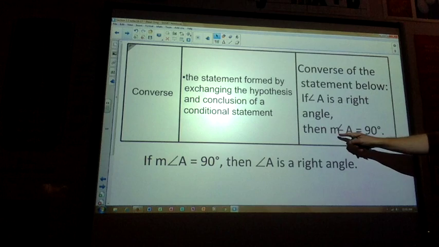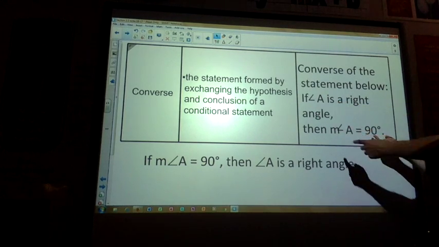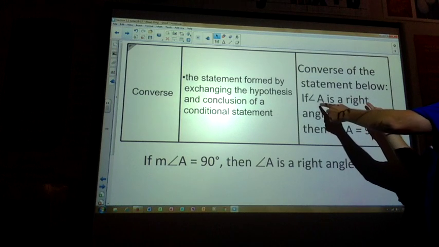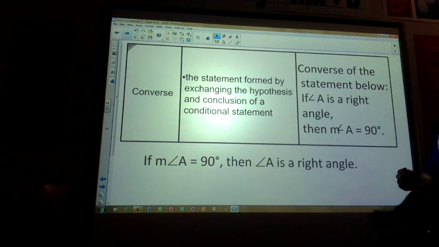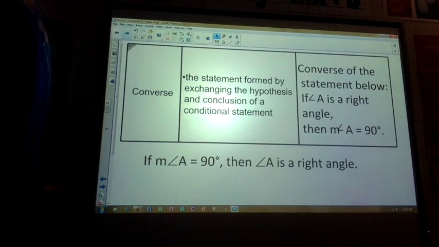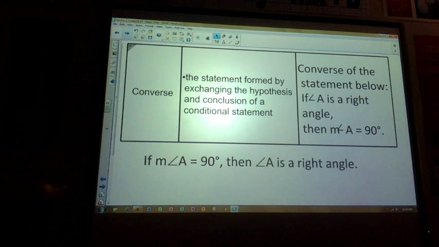They took this if statement and made it your then statement. So your converse is you're flip-flopping your if and thens. You're leaving it as if and then, but you're changing it. So my original statement, if today is Friday, then tomorrow is Saturday, the converse of that was if tomorrow is Saturday, then today is Friday. That's the converse.